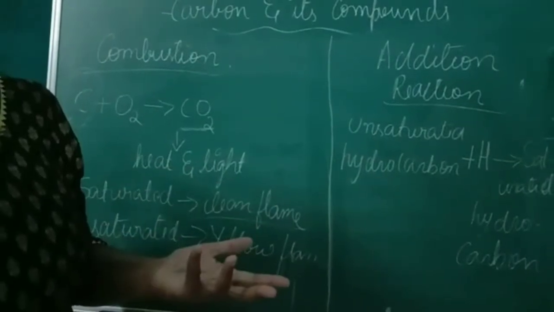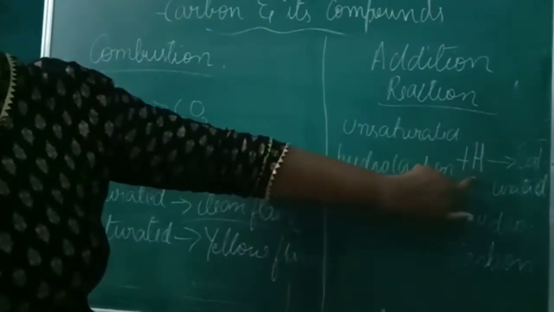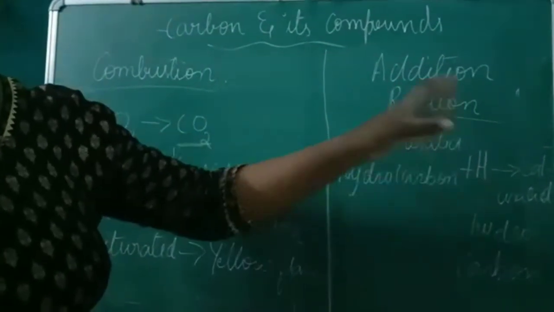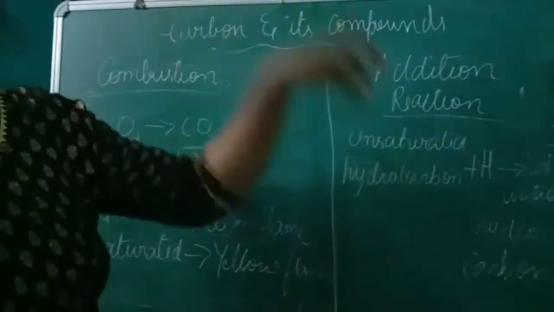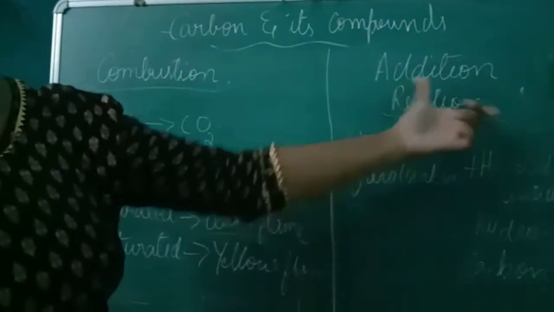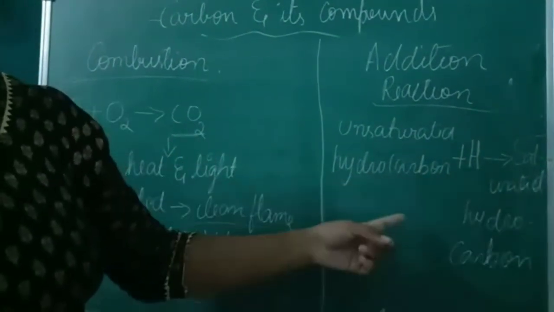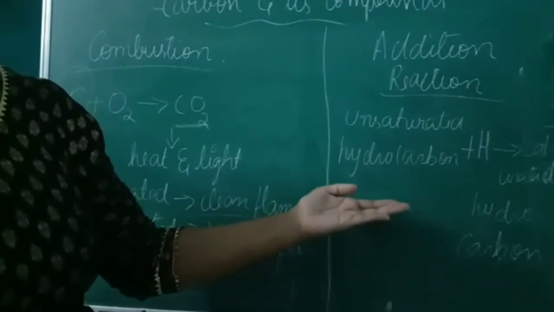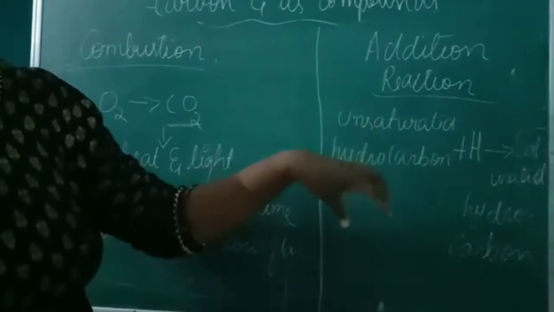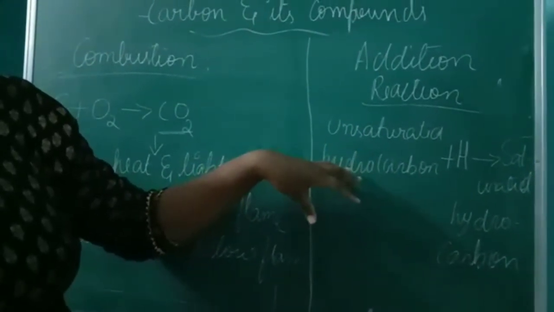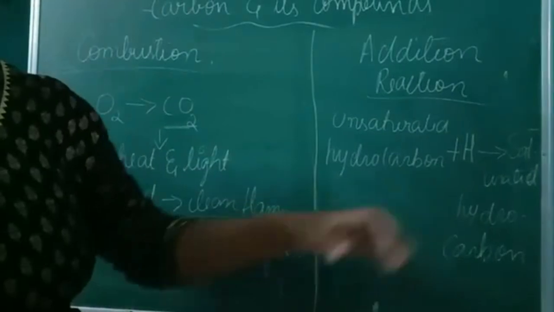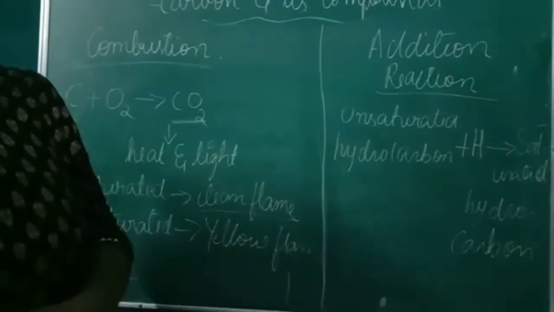So how is that possible? That is possible by the addition of hydrogen. Hydrogen is a new thing you are going to add, so the name came as addition reaction. When you add hydrogen to unsaturated hydrocarbon, you will obtain a saturated hydrocarbon.